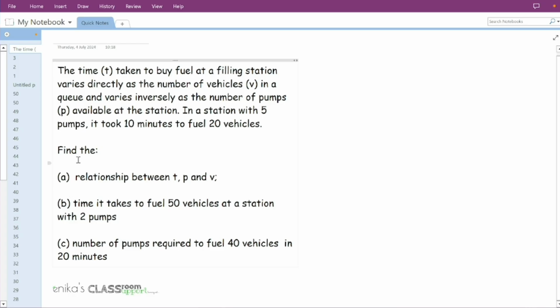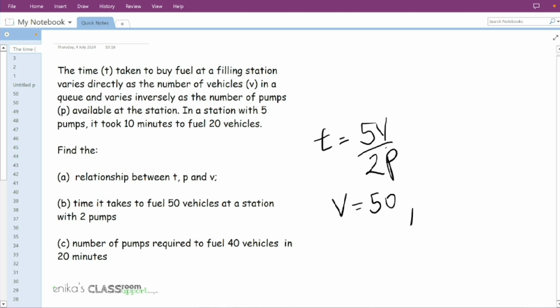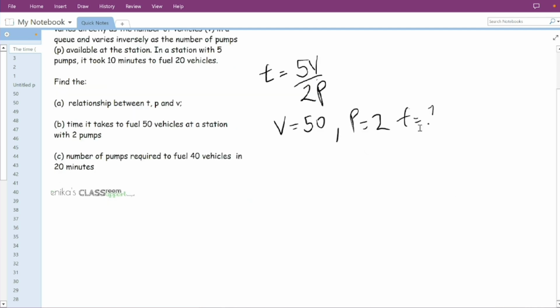Question B says, find the time it takes to fuel 50 vehicles at the station with 2 pumps. Now we know the relationship between T, V, and P is T equals 5V over 2P. We have the number of vehicles are 50 and we have 2 pumps, and we're asked to find the time.